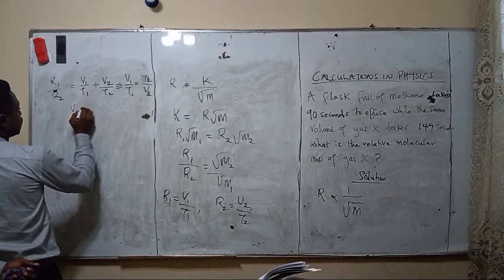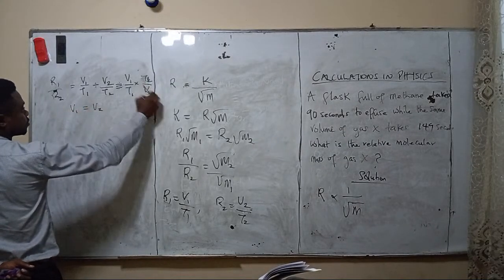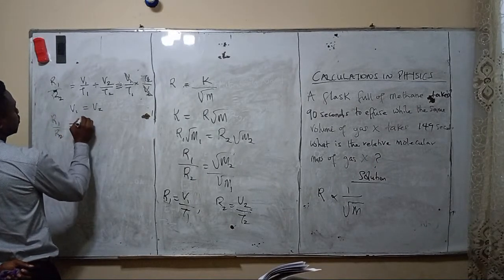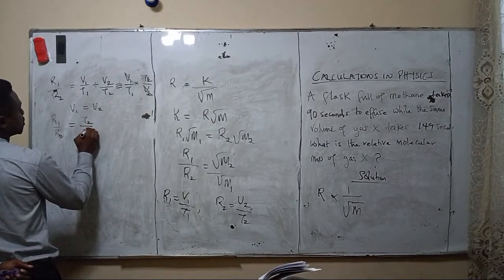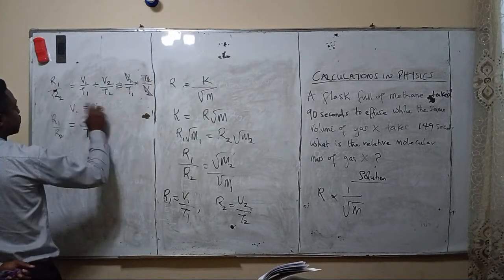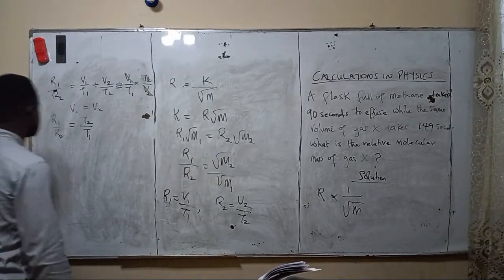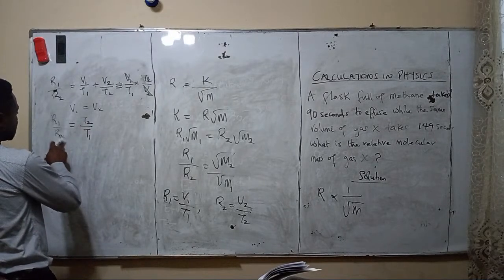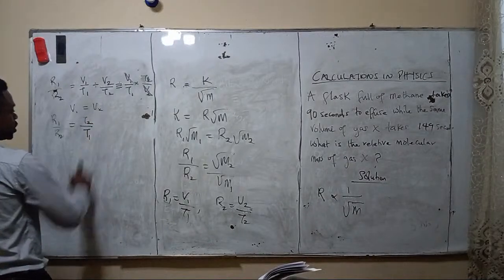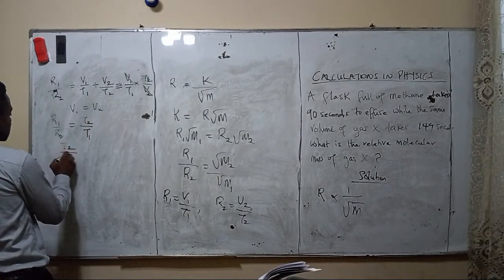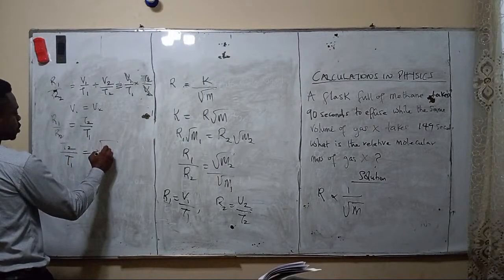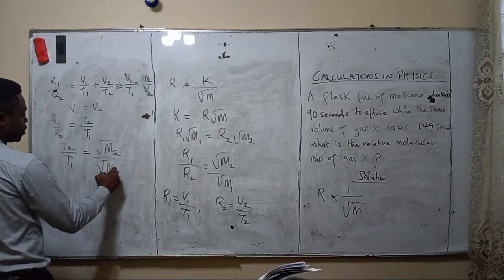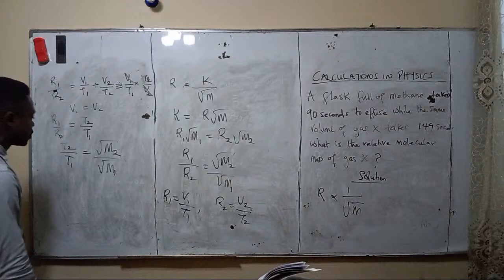But V1 is equal to V2, so they cancel because of constant volume. So R1 over R2 is equal to T2 over T1. So whenever we see R1 over R2 in this formula, we put T2 over T1. So we now have T2 over T1 equal to the square root of M2 over the square root of M1.